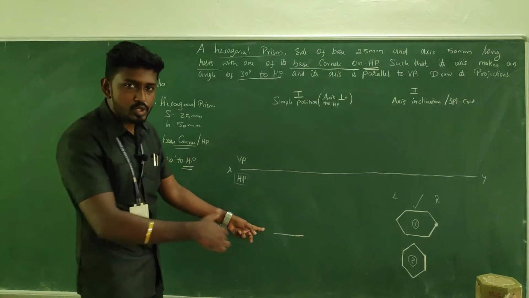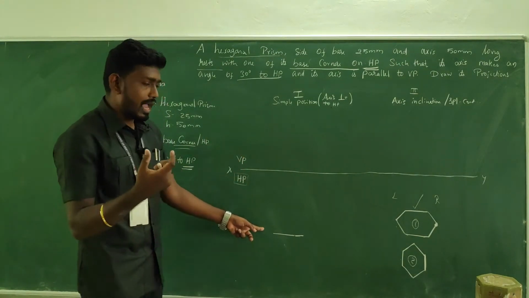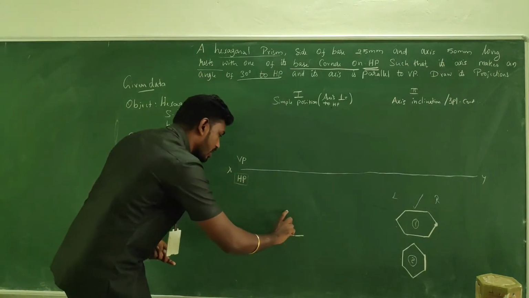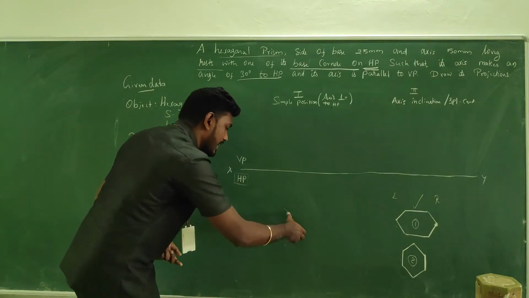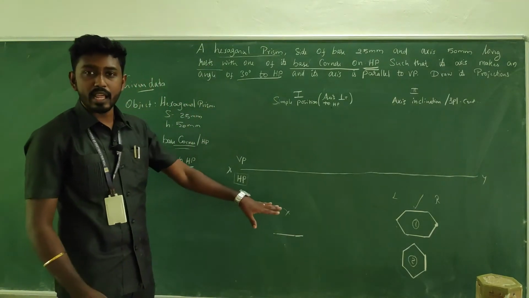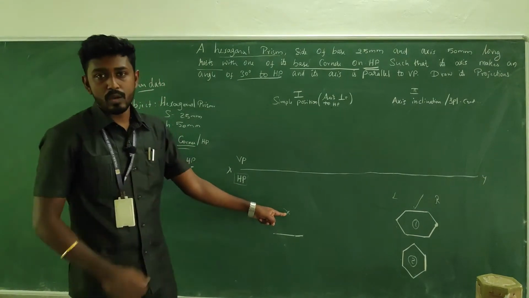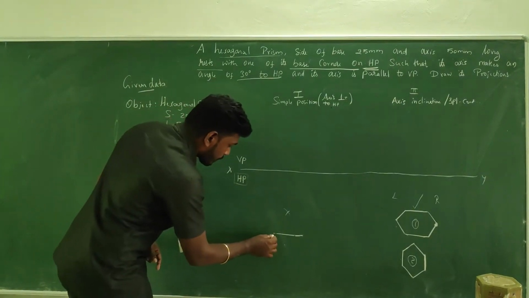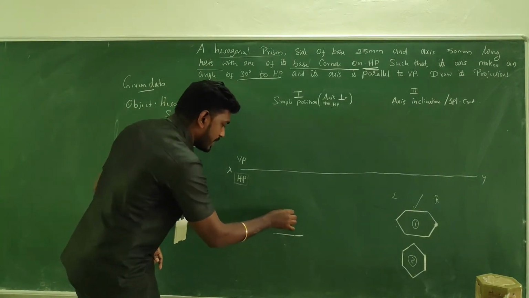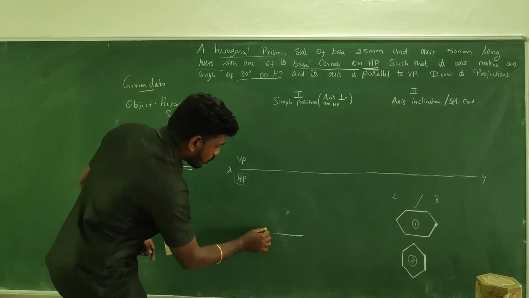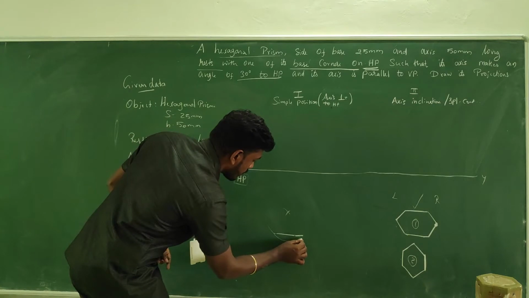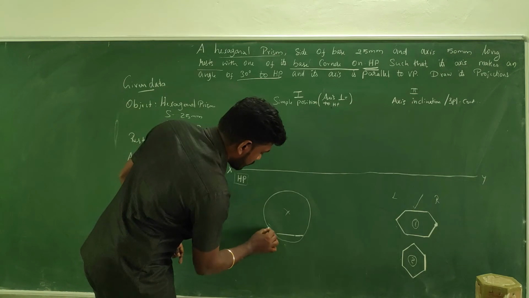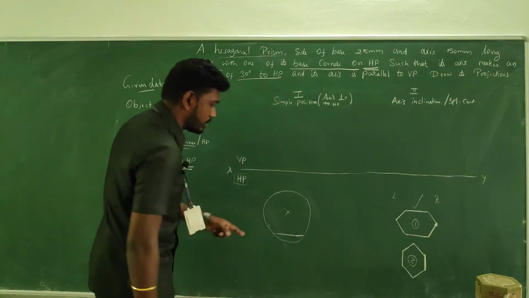Next, in order to draw all the 6 sides, take your compass and measure this 25, and keeping at one end, go for a cut mark, and from the other end, go for a cut mark, so that you will find the center for the polygon, the center for the true shape, right? After having the center, by keeping the center with the same measurement 25, go for the circle. If your drawing is good, you will get this circle, and it passes through both ends.